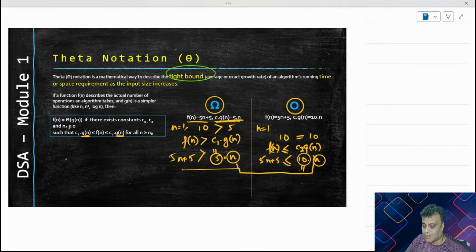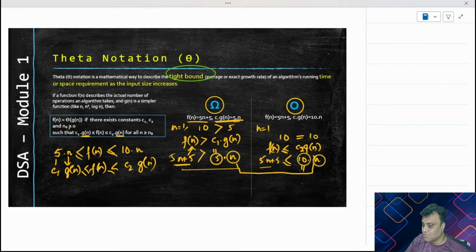Can I say that my C1 Gn, what is C1 Gn? C1 Gn is 5n. So my 5n is less than or equal to Fn. Yes, I can say that 5n is less than or equal to Fn. This is Fn, right? And that same Fn is less than or equal to 10n. So this we know is C1, this we know is Gn. So C1 Gn is less than or equal to Fn, less than or equal to C2 Gn.